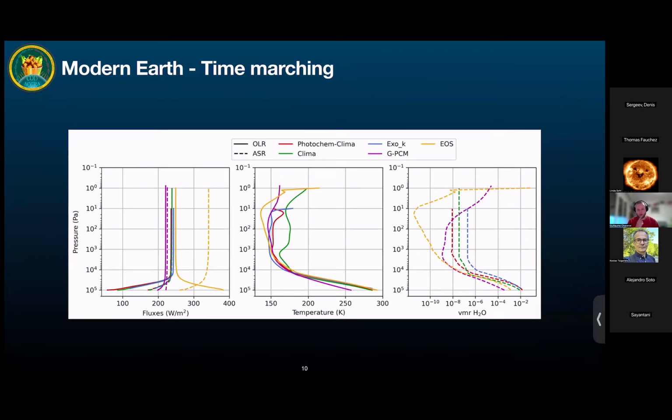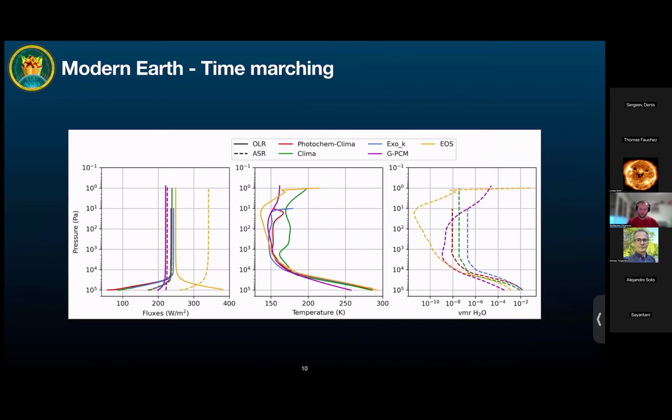That's why in GPCM the surface temperature is quite low. And we have some differences of temperature in the stratosphere coming from the way we compute the relative humidity in the different models.